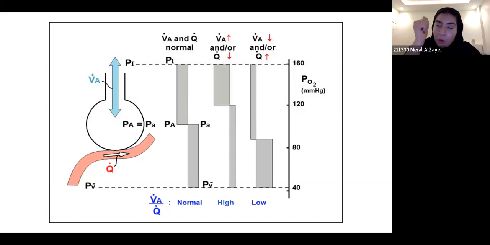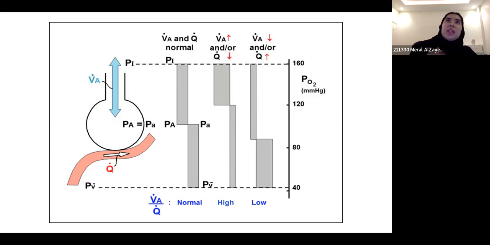You remember how we said in the last scenario, the perfusion remains unchanged when I have an oxygen mask. When I take in more oxygen and the perfusion is the same, only the partial pressure of oxygen will increase, okay? But in exercise, ventilation increases, but perfusion also increases, right?